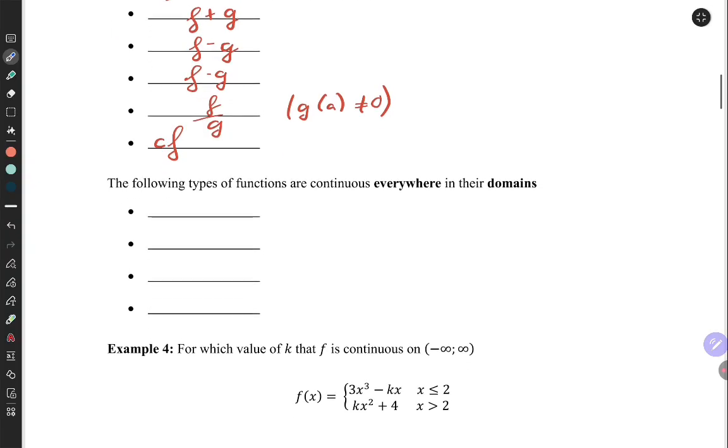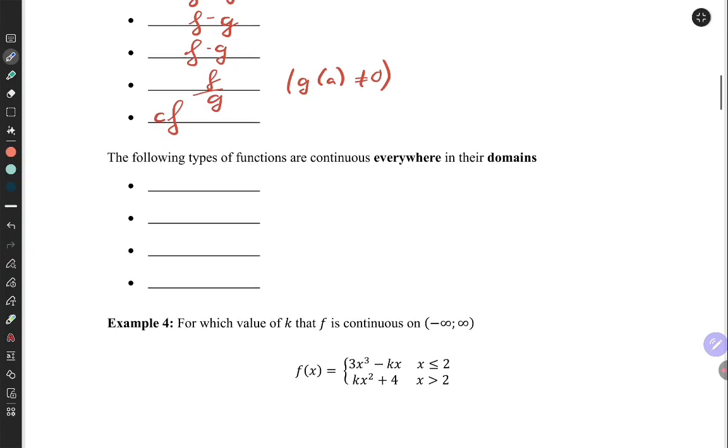Straightforward. Some functions are automatically continuous everywhere on their domain. So when you're able to name this kind of function, like a parabola or linear, you can say that it's also continuous without doing the proof.